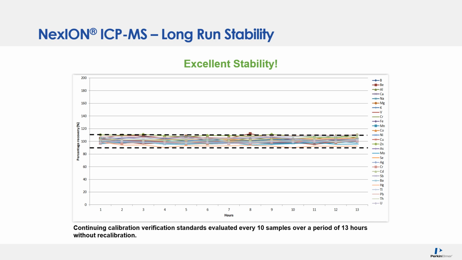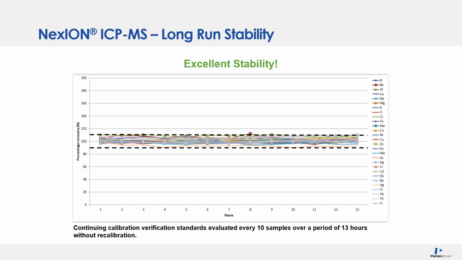However, the key concept of the NexION ICP-MS series is to promote very low backgrounds and remove all of that background very efficiently without promoting any buildup of this material on the interior of the ICP-MS.